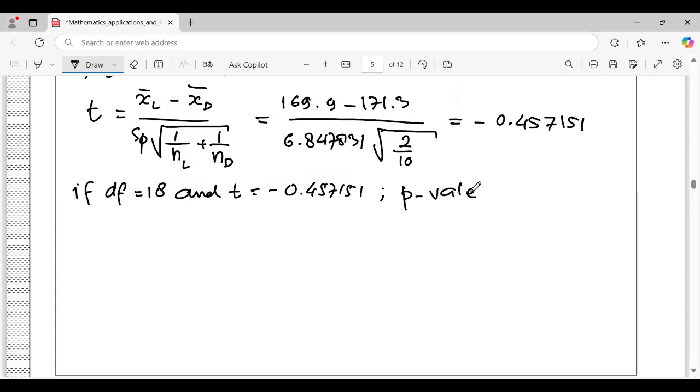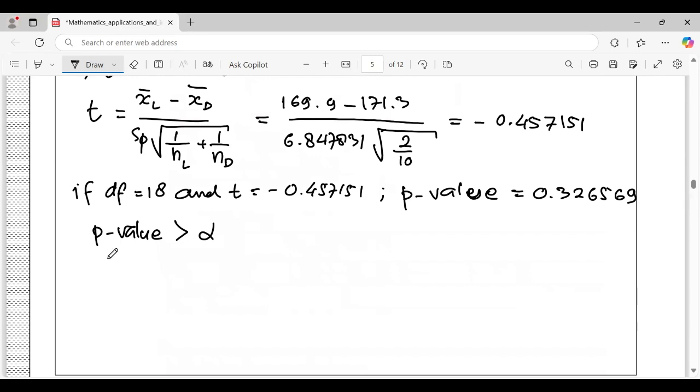The p-value is 0.326569, on a table or calculator. So the p-value is greater than alpha, the significance level.